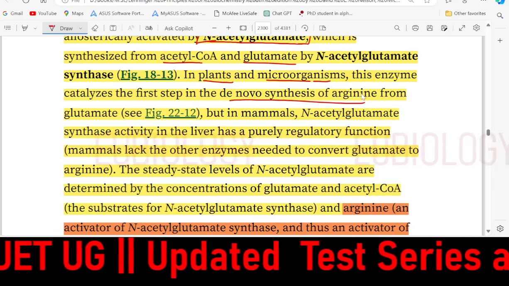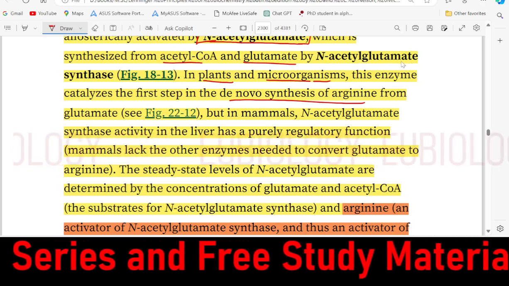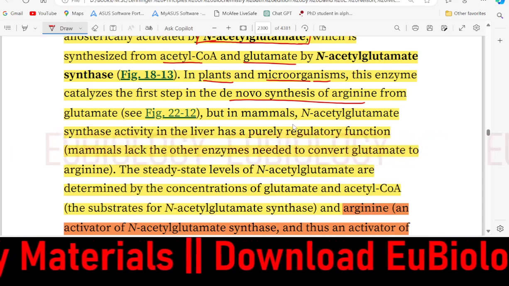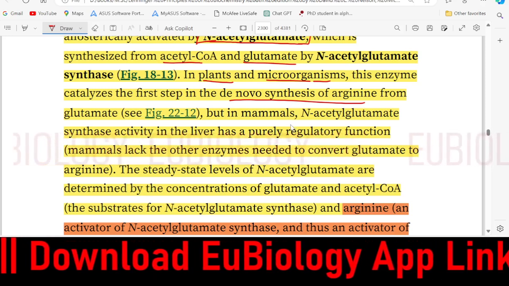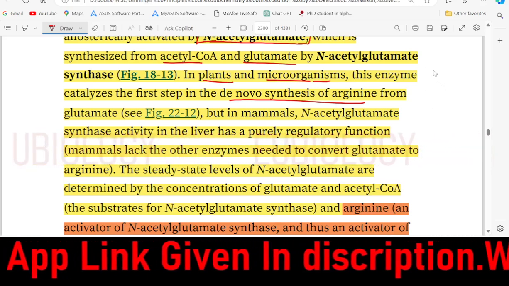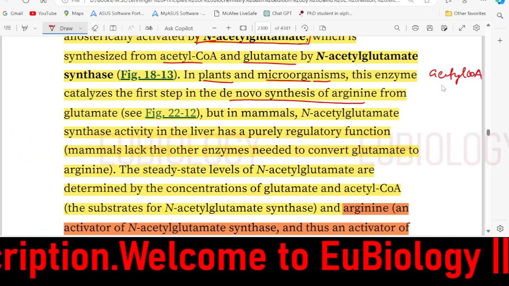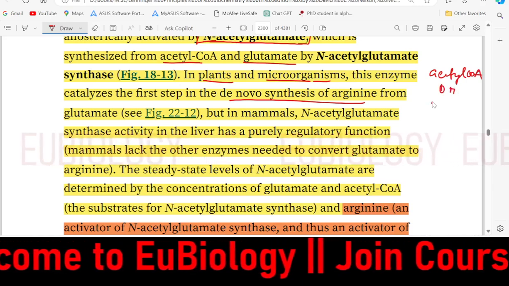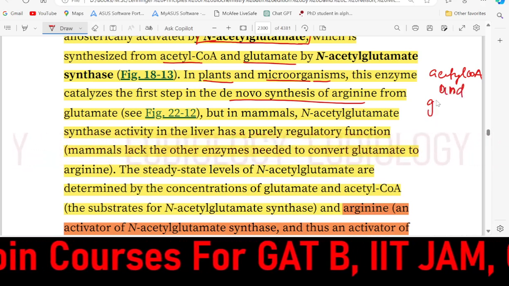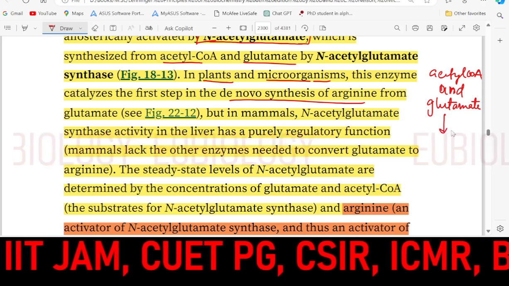So there is a two role in the plant and microorganism. But in our case, the N-acetyl glutamate synthase will form only the carbamyl N-acetyl glutamate. Okay. So N-acetyl, three things we studied: the acetyl coenzyme A or glutamate and glutamate will give you what?